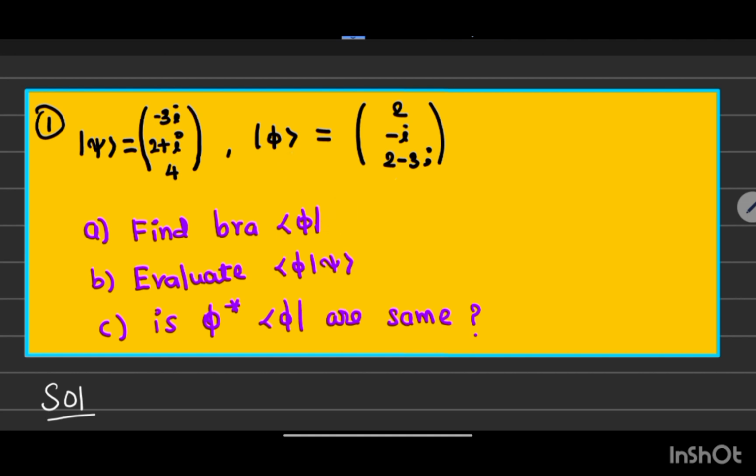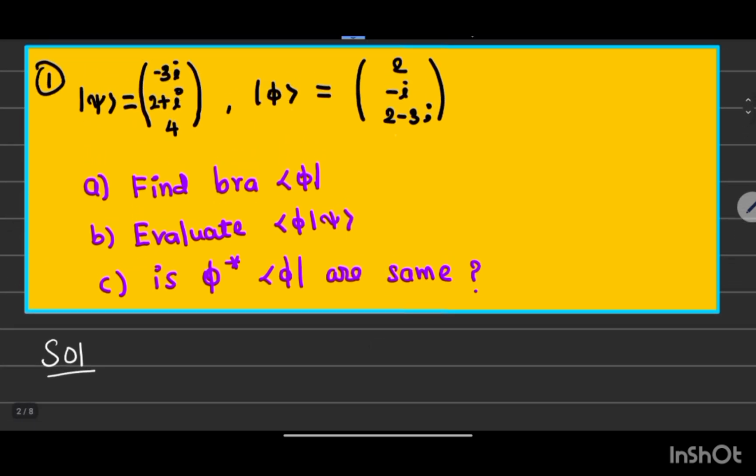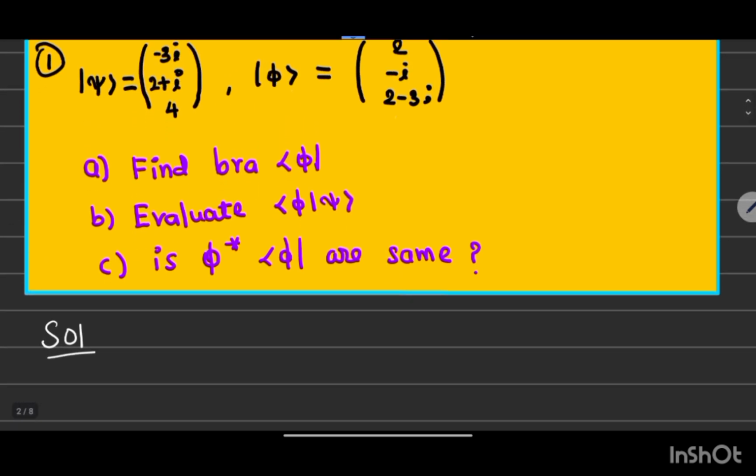And then in the second question, we have to find the scalar product of these two vectors. And then we have to check whether taking the complex conjugate of this vector is the same as the bra vector or not. Okay. So let's find the answer for the first question.